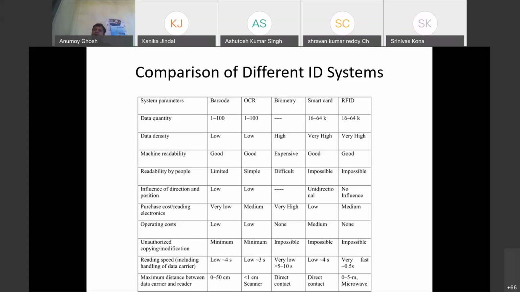Even if a third party wants to intercept the data, here I am not talking about vehicle management exactly, but about RFID tags in general, the reader has a block known as the encryption block, which I will show you later, where the data is encrypted and then radiated by the antenna. So if a third party wants to intercept that data, it is practically impossible for RFID. Now, influence of direction and position.